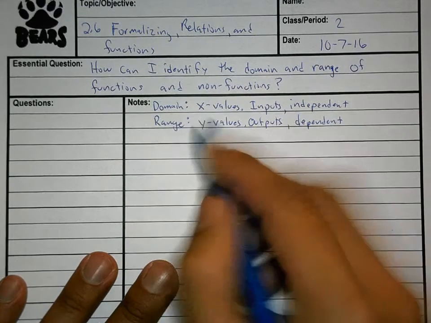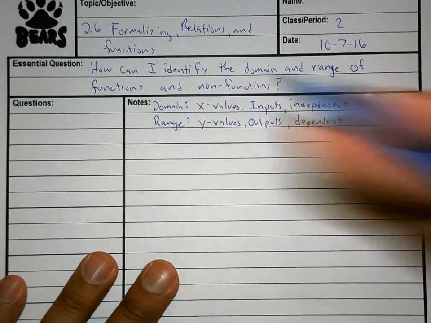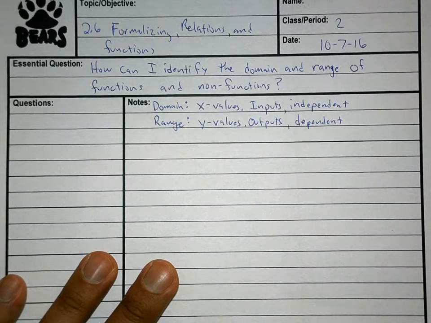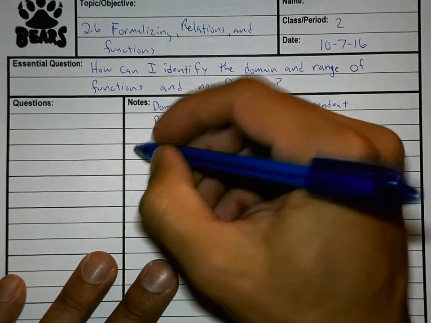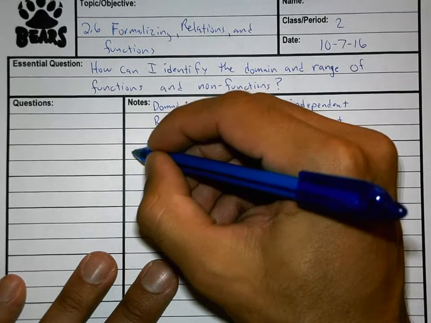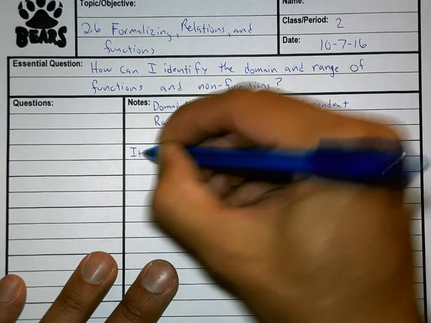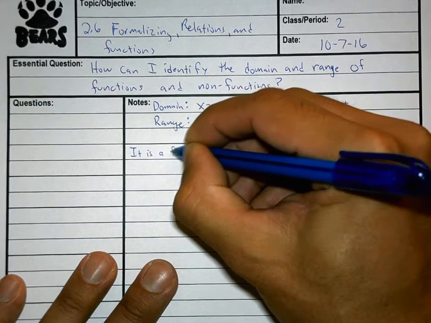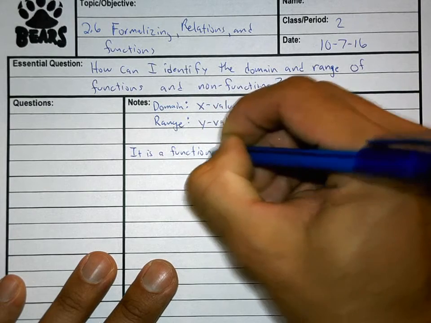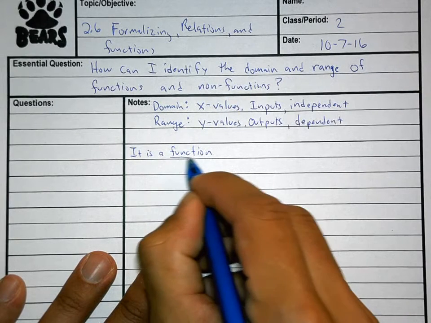The next thing, because you have heard these before, you're going to be asked to describe your domain and ranges of certain numbers. But you're also going to be asked, is it a function? Let's talk about function, and I'm going to underline the word function real quick.